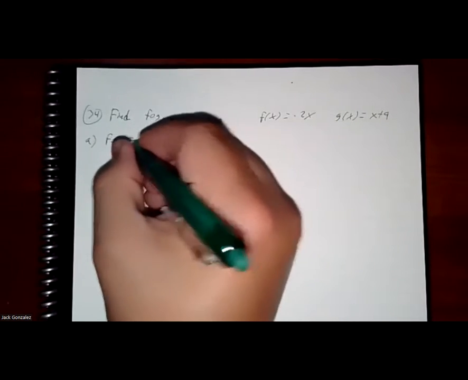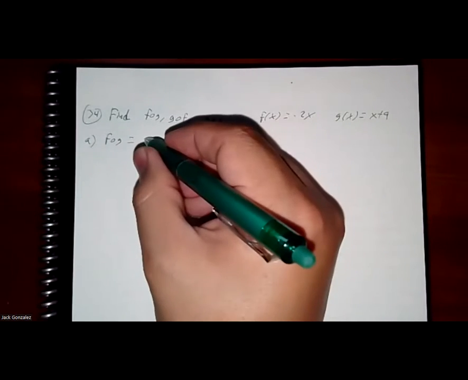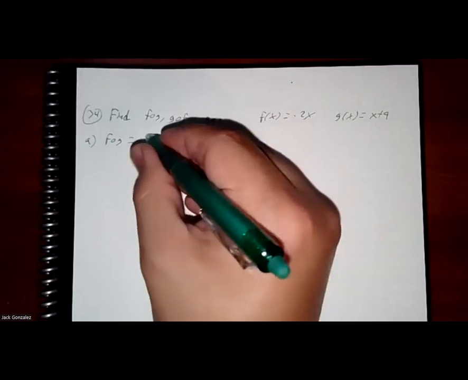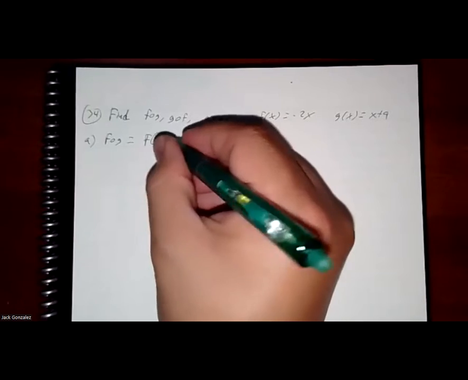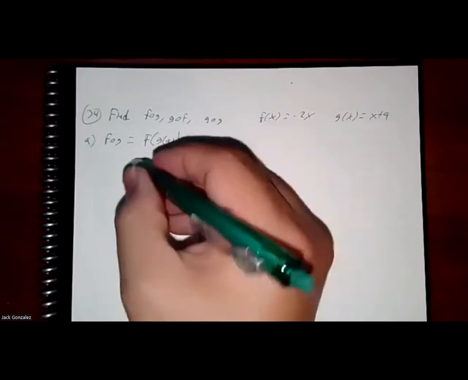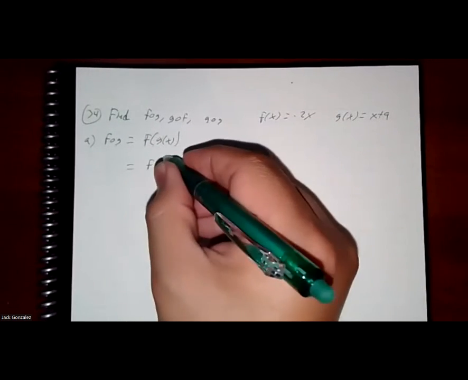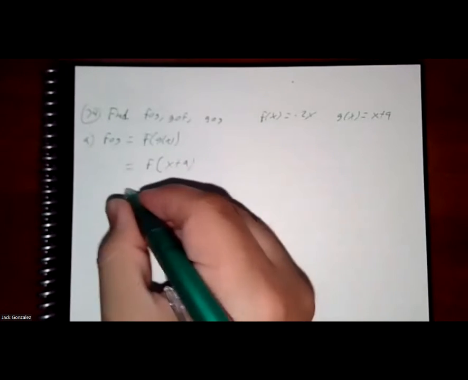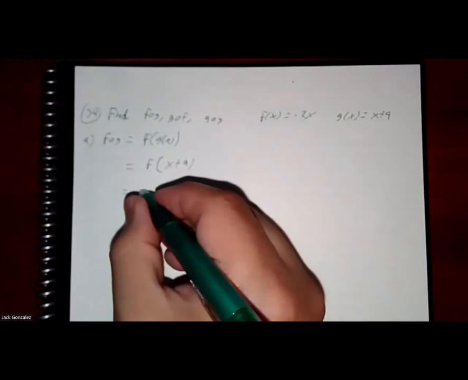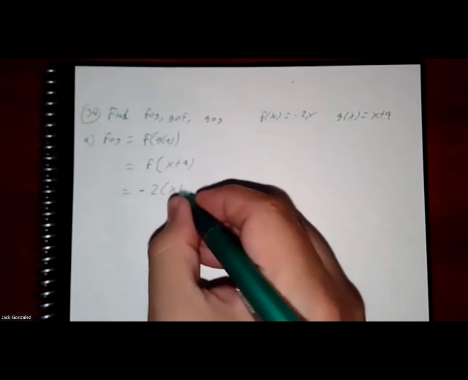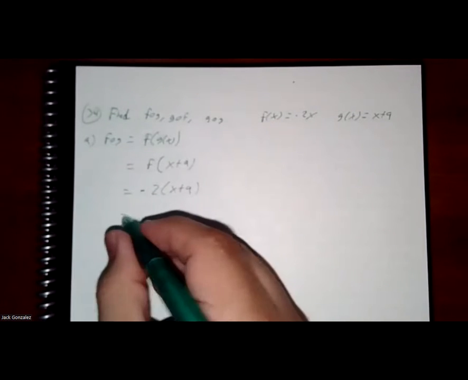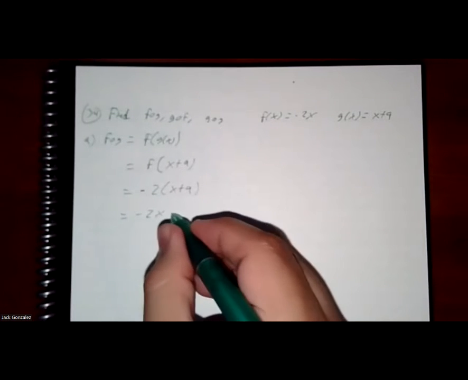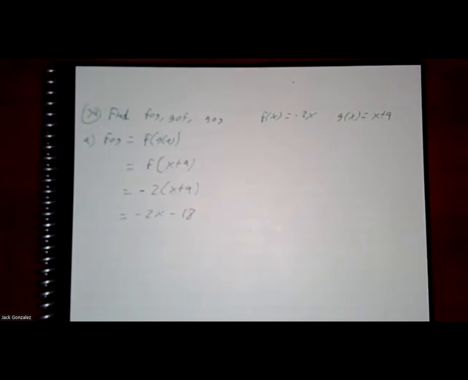So f of g means f of g of x, which will be f of x plus 9, which will be negative 2 times x plus 9, which gets us to here, negative 2x minus 18.